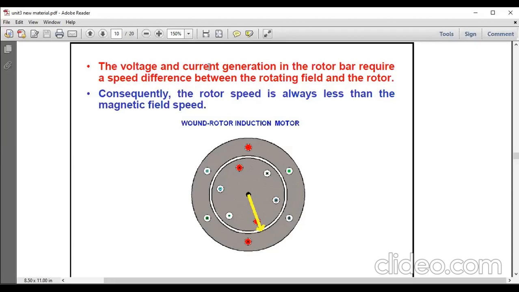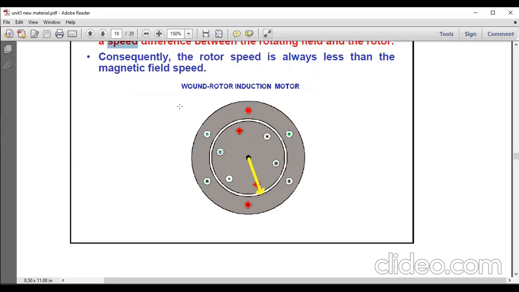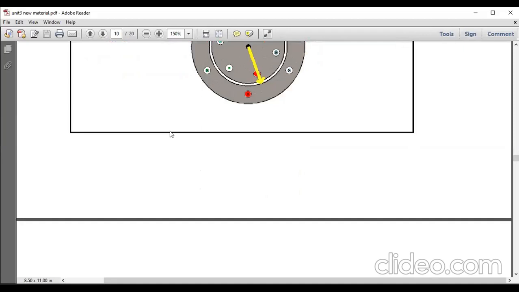But when the rotor bars are short circuited, current is generated and it produces a flux. Because of this, a force is developed, and the rotor speed should have some difference from the stator magnetic field. Consequently, the rotor speed is always less than the stator magnetic field speed.